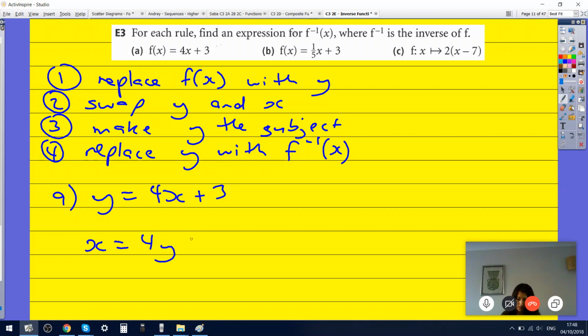That's the thing we saw a second ago: f of 7 is 20, f inverse of 20 is 7, so for inverse functions the x and y are swapped over. Make y the subject, so y equals x minus 3 over 4. Replace y with f minus 1 of x, so f minus 1 of x equals x minus 3 over 4.